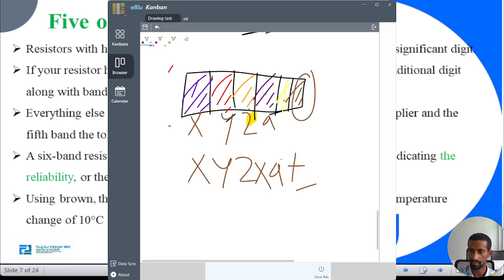And the last one indicates the temperature dependence, since, as you may know, the resistance depends on the temperature.